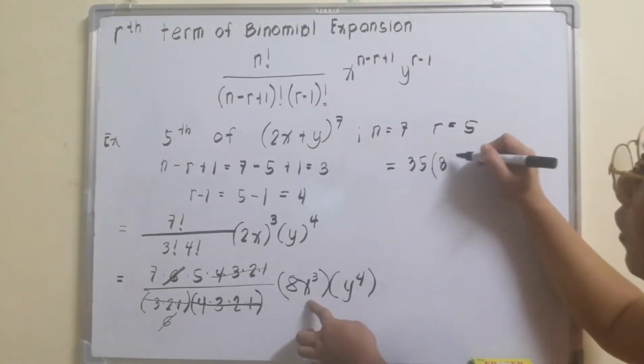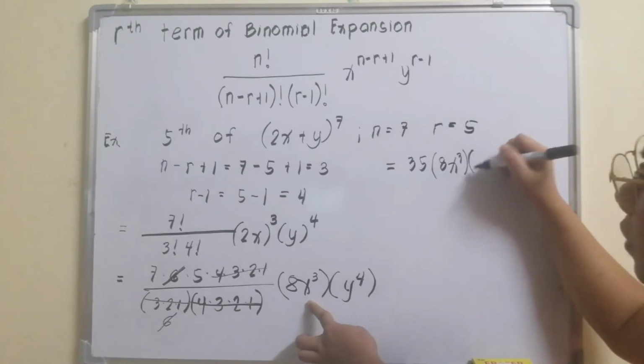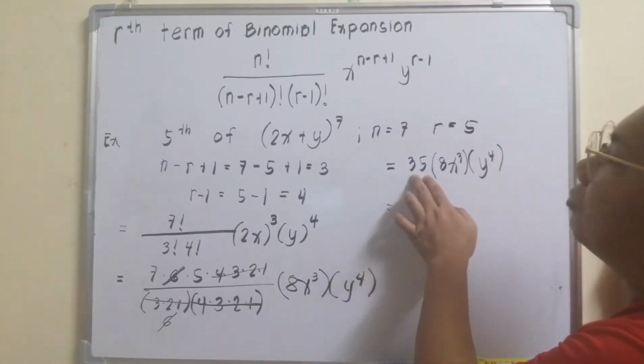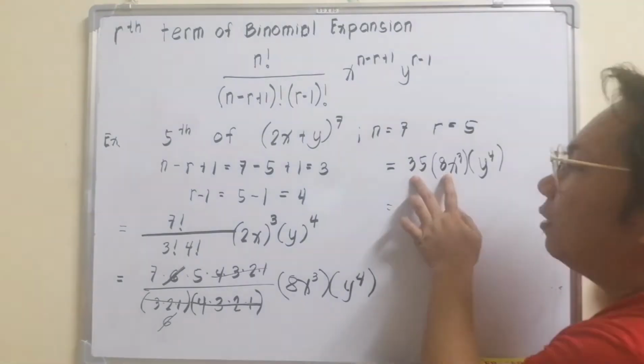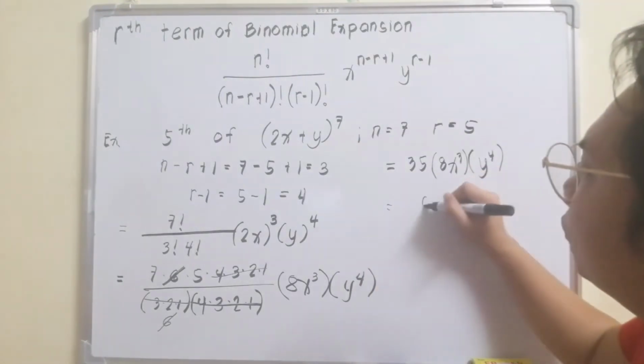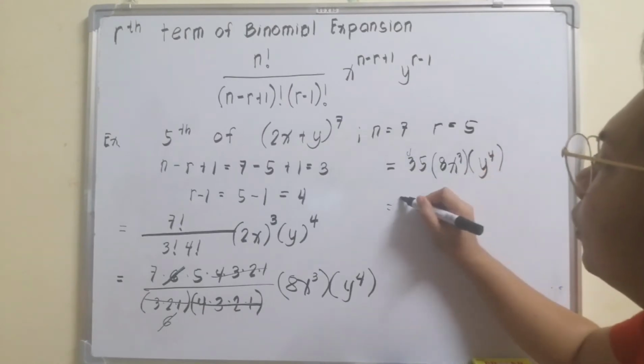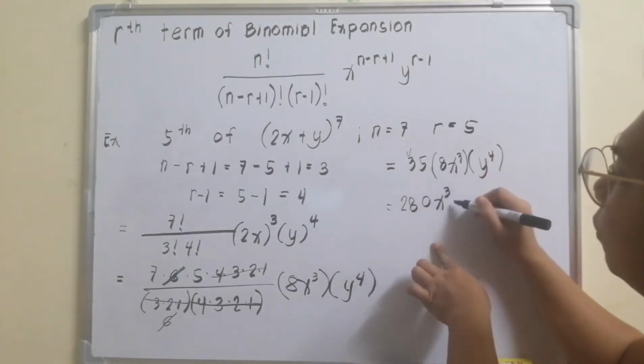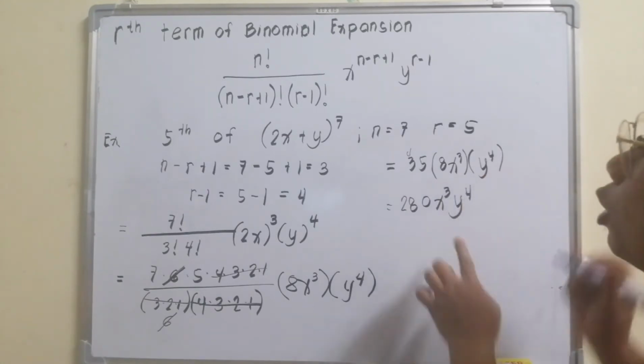And multiplying this one to 8x cubed and y to the power of 4. 35 again, times 8, that's 40, carry 4, 24, 28. So that's 280 x cubed y to the power of 4.